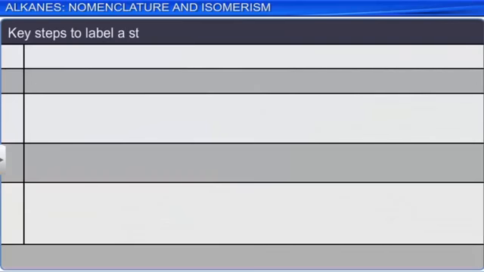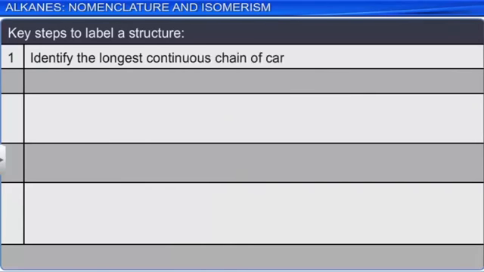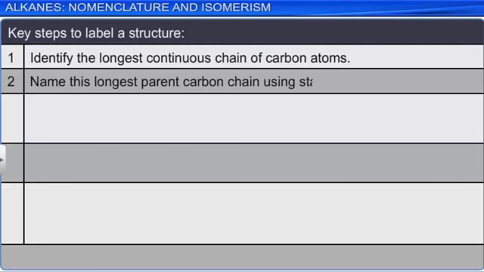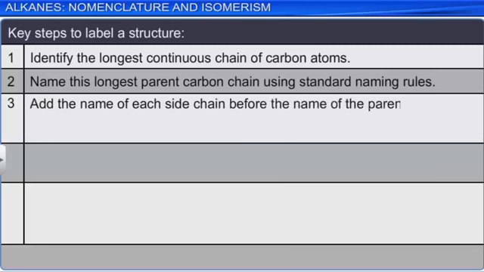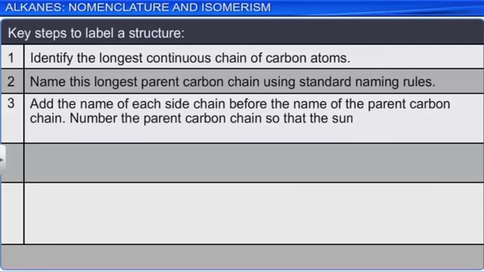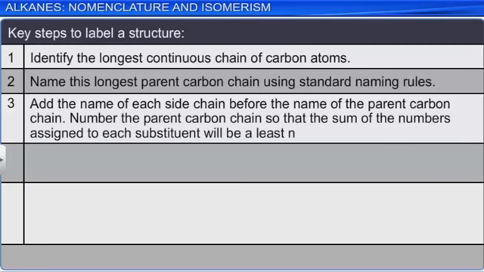The key steps to label a structure are: identify the longest continuous chain of carbon atoms. Name this longest parent carbon chain using standard naming rules. Add the name of each side chain before the name of the parent carbon chain. Number the parent carbon chain so that the sum of the numbers assigned to each substituent will be the least number.